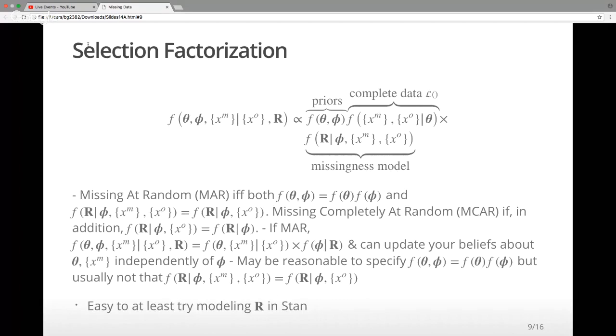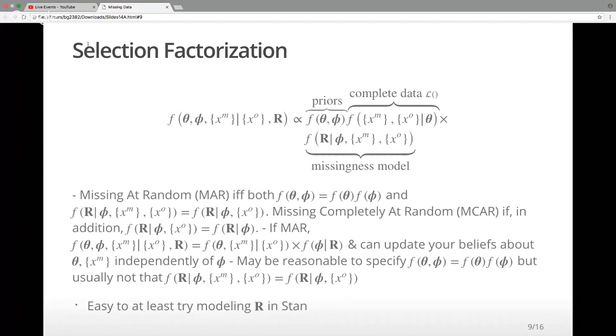Anyway, if the data generating process is missing at random, then you can write this whole posterior distribution as proportional to, well, there should be a prior in here, but anyway, the likelihood part of it.